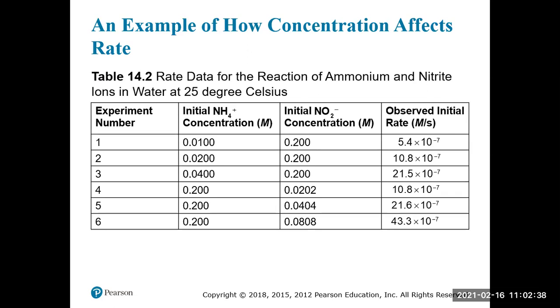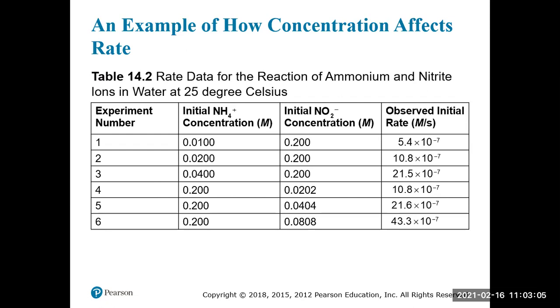As I said, in those first 3 experiments, we kept the NO2 minus concentration constant and varied the NH4 plus. Experimentally, if we want to now figure out what the rate order is for the NO2 minus, we need to do a similar experiment. So here we keep the NH4 plus constant at 0.2 molar.